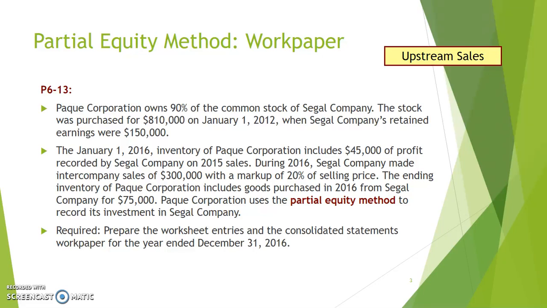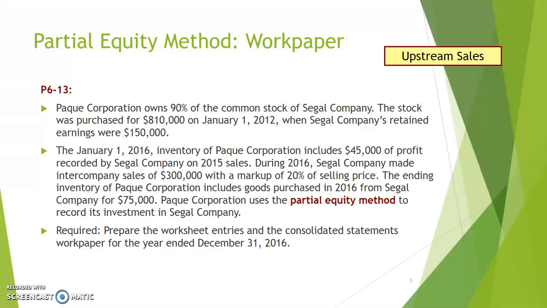Problem 6.13. Prac Corporation owns 90% of the common stock of Seagull Company. The stock was purchased for $810,000 on January 1, 2012, when Seagull Company retained earnings were $150,000. During the course of the year, there were some entries relating to the purchase and sale of inventory that would have been considered intercompany.